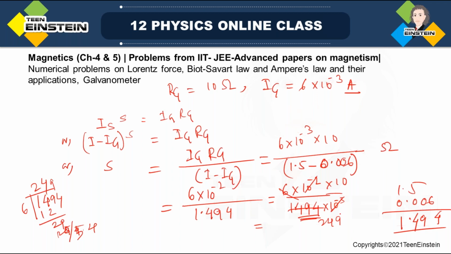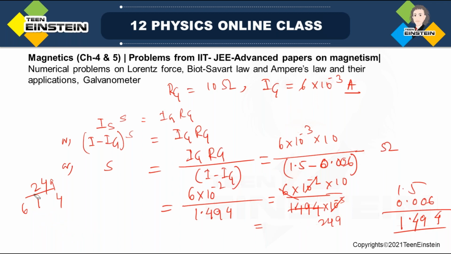Okay, 249. I hope I have not made some mistake somewhere. A 2 is missing. Let me just check. Okay, 2n, it is 2n, right? All right, so it is all right.